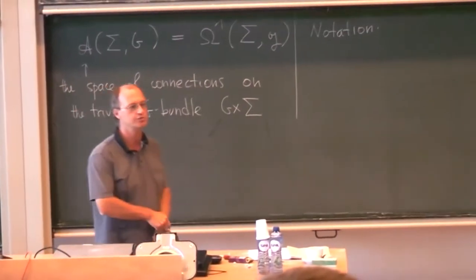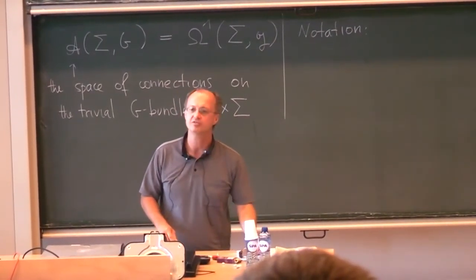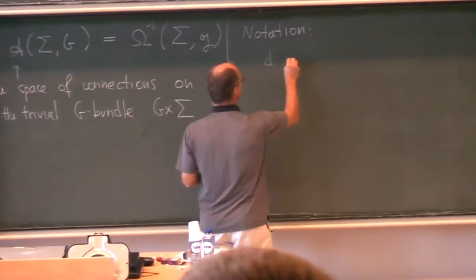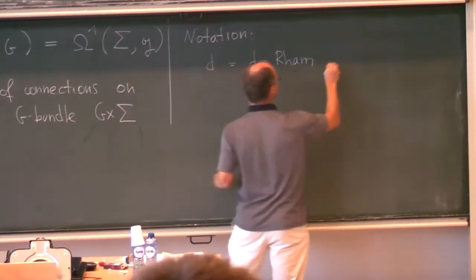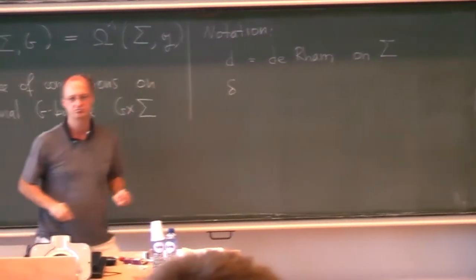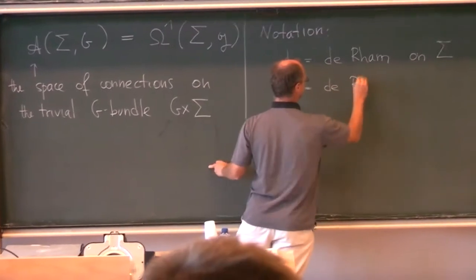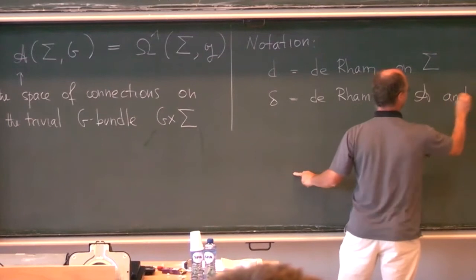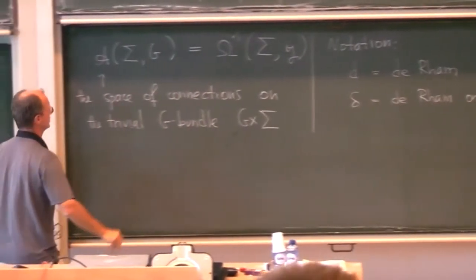So it would be nice to use different notation for de Rham differentials in these finite dimensional and infinite dimensional contexts. So for today, I will say that straight D is a de Rham on sigma, and let's say delta will be de Rham on curly A and on other related spaces.